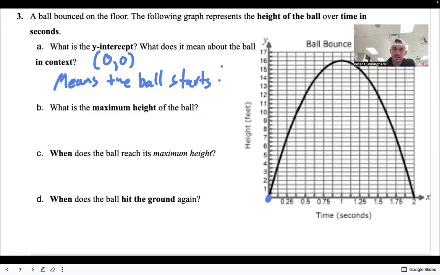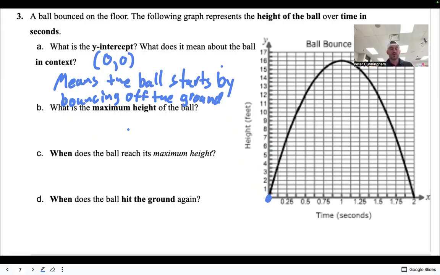It starts by bouncing off the ground. Okay, it's not being dropped from a height. Or we're not measuring it. If it is, we're not measuring until we boom, hit the ground. You threw it on the ground.